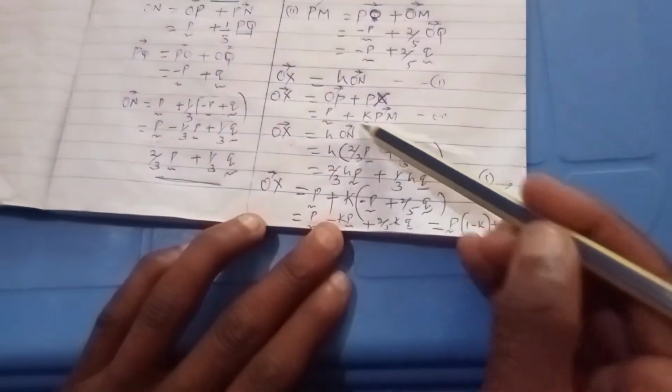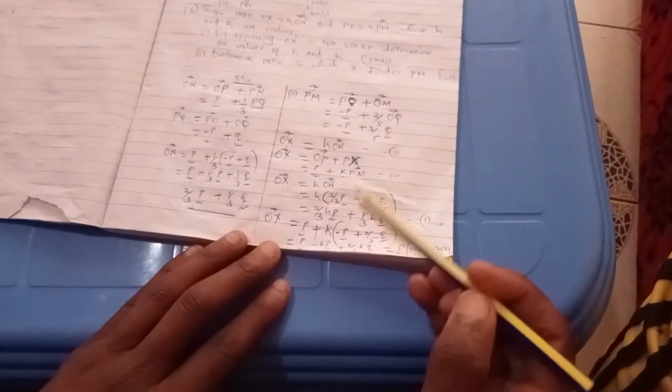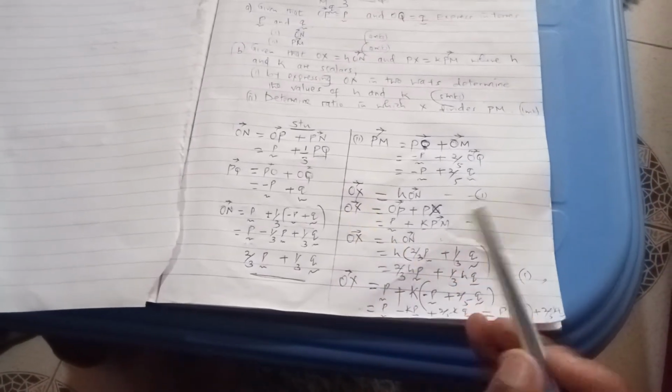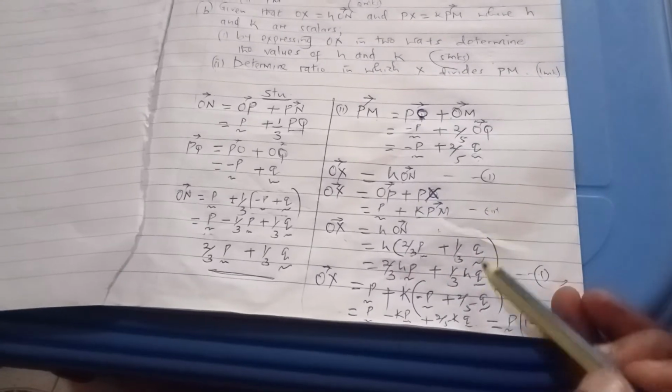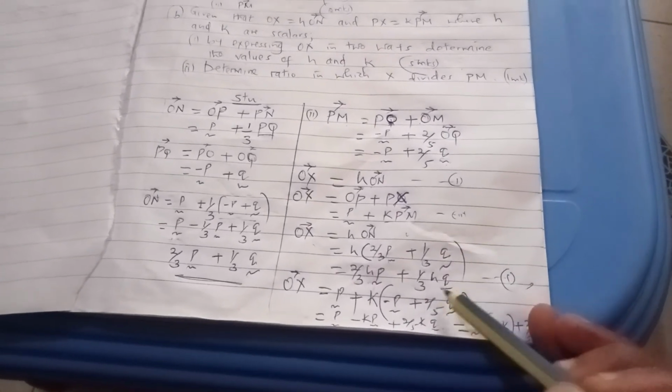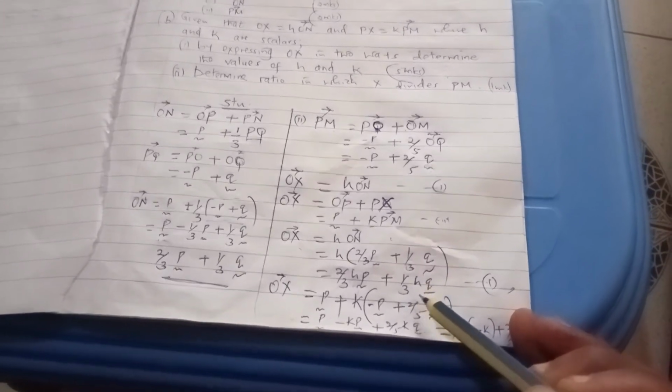So what we need to do is that the values of vector p in the first root are the same as the values of vector p in the second root. The q term in the first root is the same as the q term in the second root.